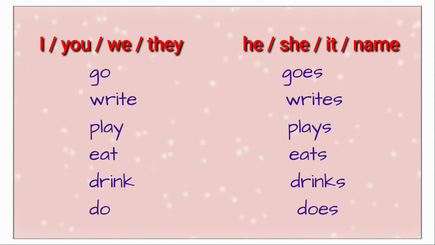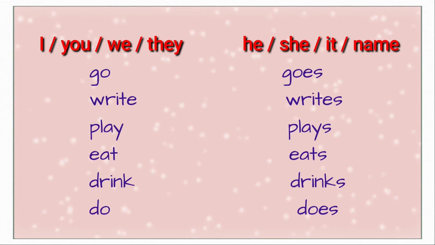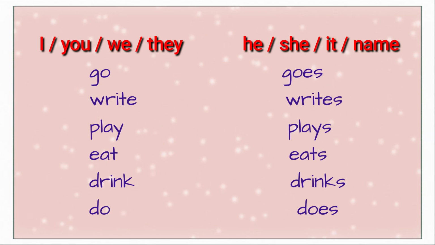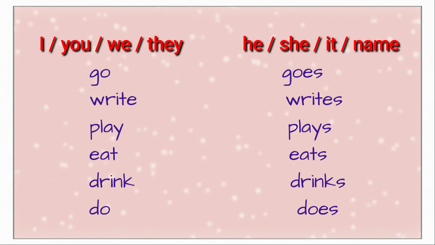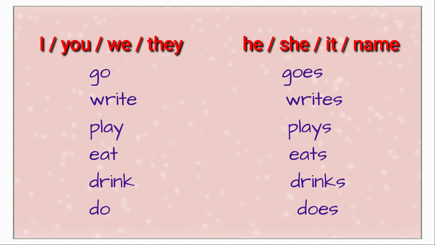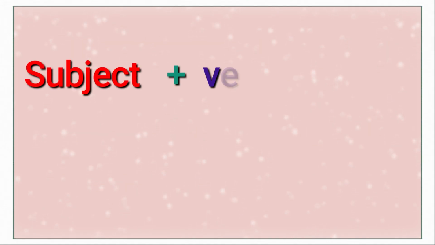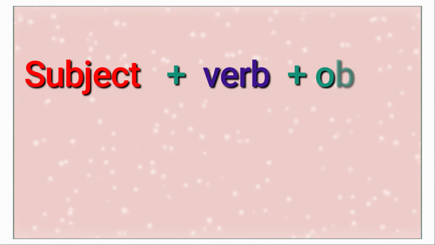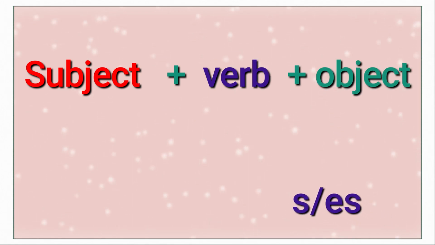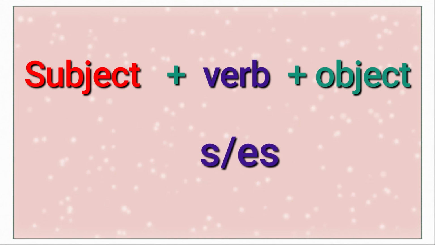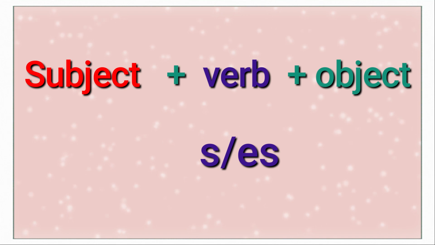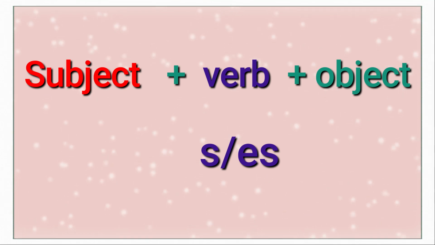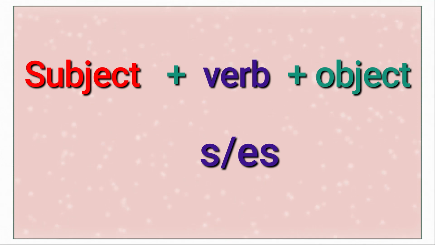Like this, as per subject, the verb is going to change. So first, subject plus verb plus object, and as per subject we will add s or es to the verb to make simple present tense. This is the general rule to make simple present tense.